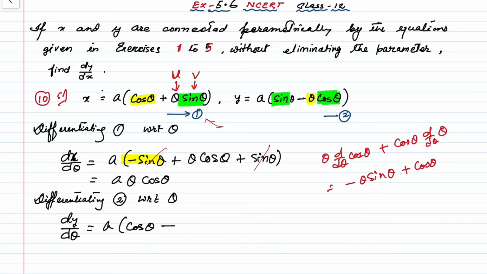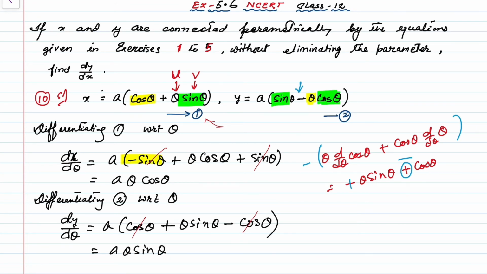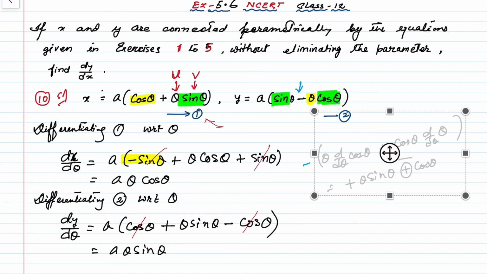Here you see, this is a negative sign. If you multiply this negative sign, this is going to be plus theta sin theta and minus cos theta. Sorry, it should be plus. So here you can see minus cos theta plus cos theta gone. So our result is a theta sin theta. Now let's find dy by dx.